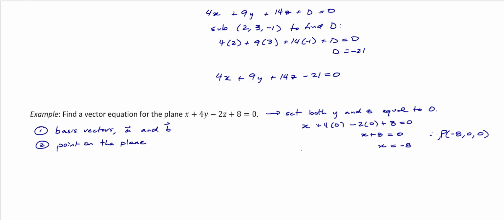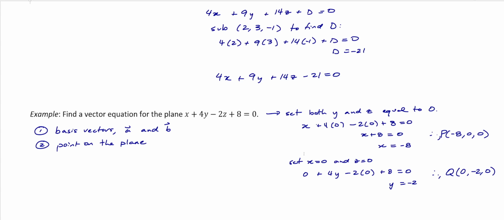So if I want to find y, I'm going to set x equal to 0 and z equal to 0. So then 0 plus 4y minus 2 times 0 plus 8 is equal to 0. And then y is equal to negative 2. Okay, so therefore Q is just 0, negative 2, 0.